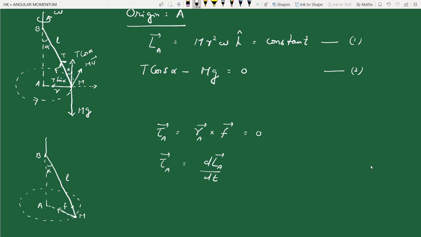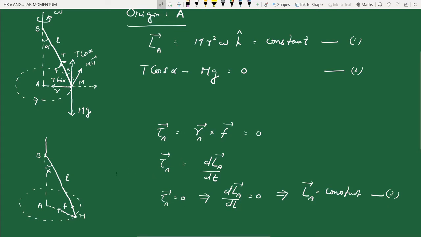Let us see whether this is consistent in this particular case. If tau A is equal to 0, this implies the rate of change of angular momentum about this point should be 0, which in turn implies angular momentum about the point is constant. Now compare this result with equation 1.